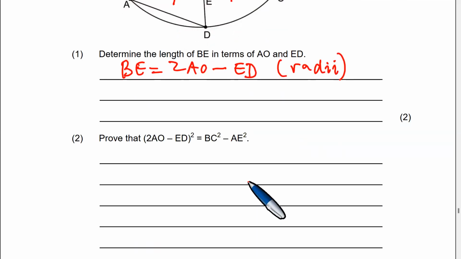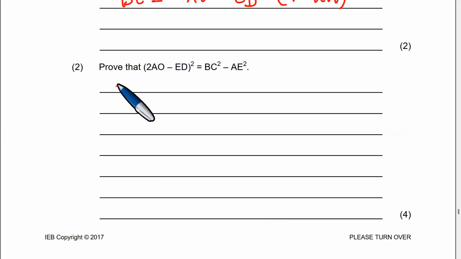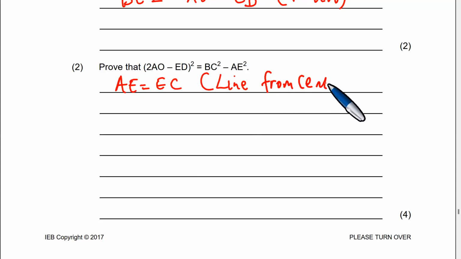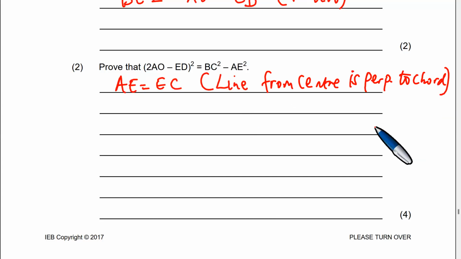First, we realize that AE is equal to EC, line from center is perpendicular to chord. Line from center is perpendicular to chord.